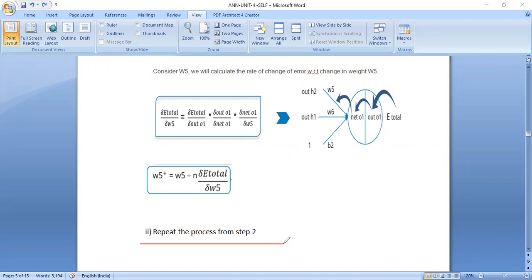This process will be repeated until you get the best model, that is, less error or zero error. So from this step onwards, go for repetition of the process from step 2. Clear? This is about the backpropagation algorithm. Thank you.